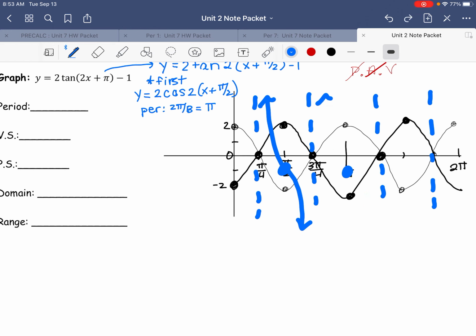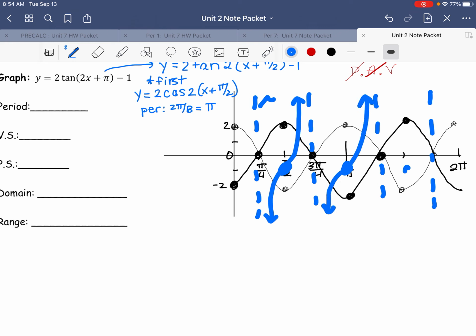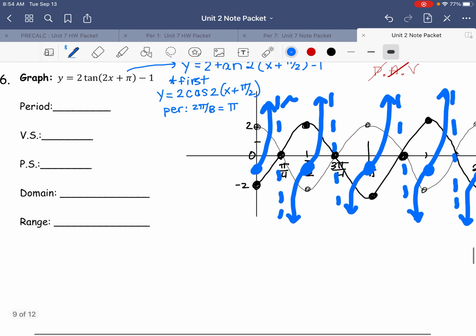Oh, I'm sorry. It's a positive tangent graph. I hope you caught that. So it's going to be down here, but we're actually squiggling up. Tangent graphs go up as we go left to right, unless they're negative. Okay, so kind of messy, but that's what my tangent graph looks like.